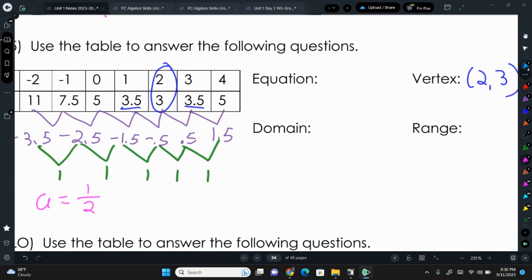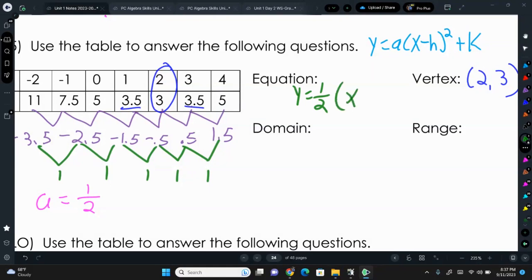So the vertex form of a quadratic is this: a times x minus h squared plus k. We know our a value is 1/2, and then we're going to have x minus 2 squared plus 3.